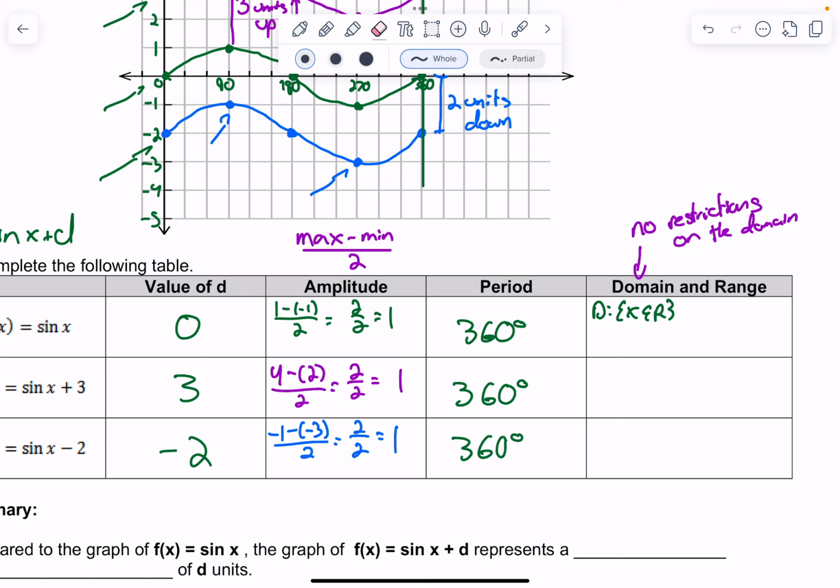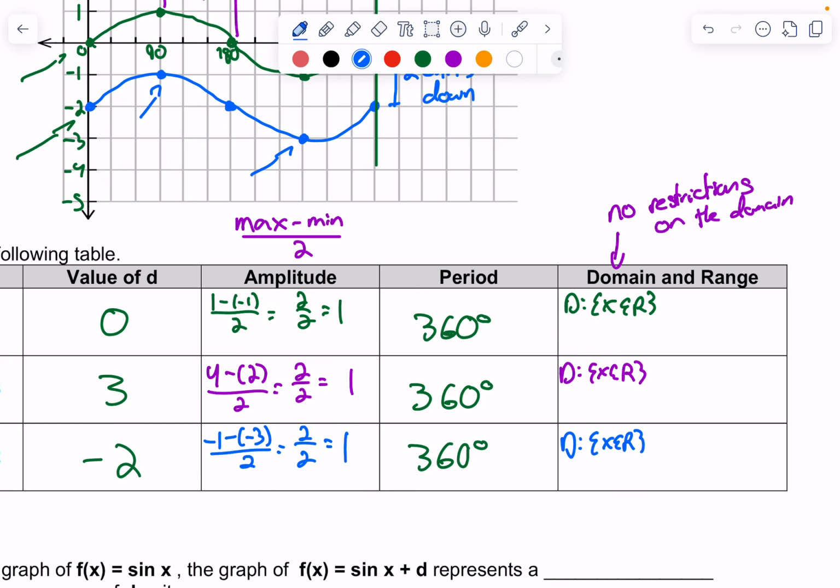So this one will also have x belongs to real numbers. This one would also have the domain being x belongs to real numbers. There's no value that you can put that you cannot take the sine of. Just try it out for yourself. Put any number in there. You can always take the sine.